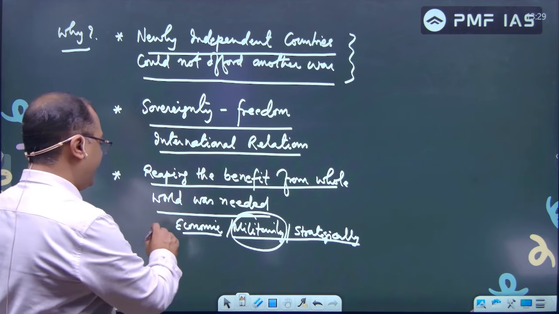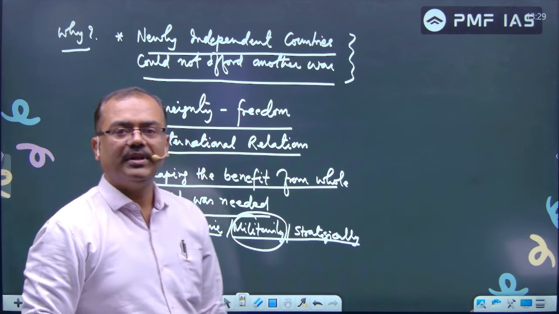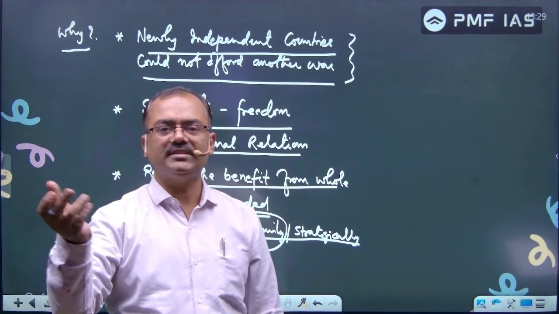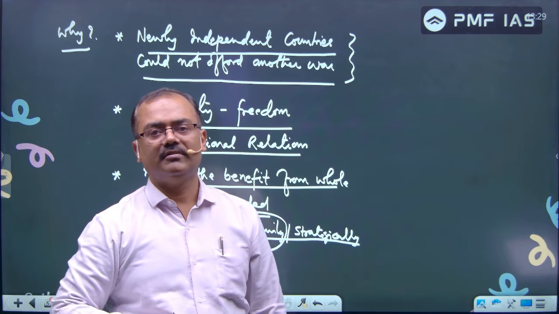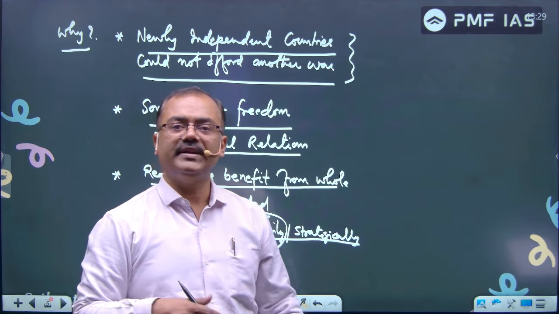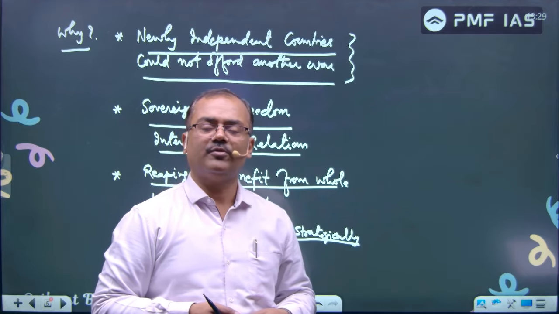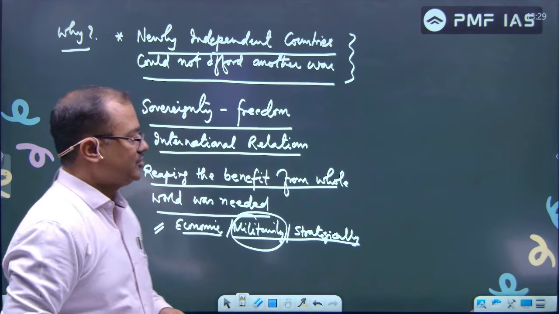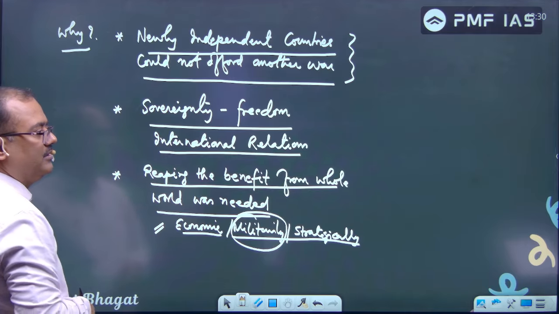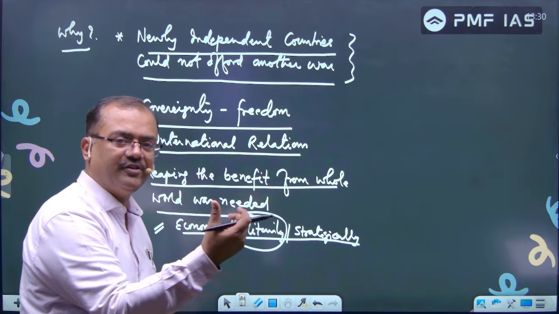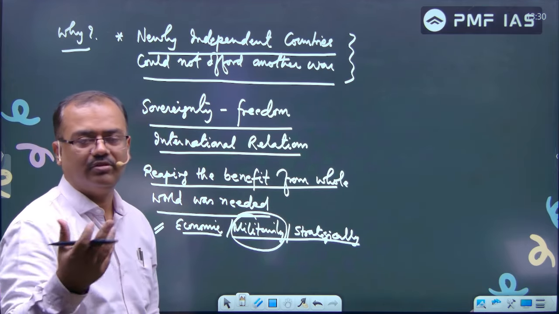So economic benefit: India could have a trade relationship with Russia, with the US, with the UK, with other Eastern European countries if India is not part of bloc politics. So reaping the benefit from the whole world, not some segment of the world, not either West or East.